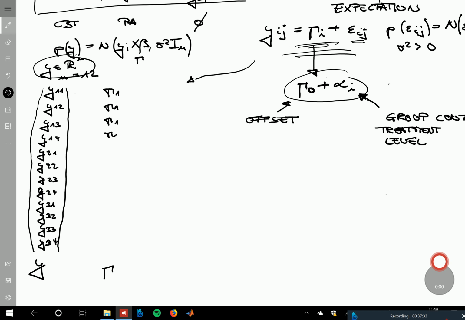So I'm just trying to match here the expectation. So basically writing out, another way you can look at it, what I'm doing right now is to just write out this y_ij equals mu_i for i from 1 to 3, and j from 1 to 4. And of course the mu is only depending on i.